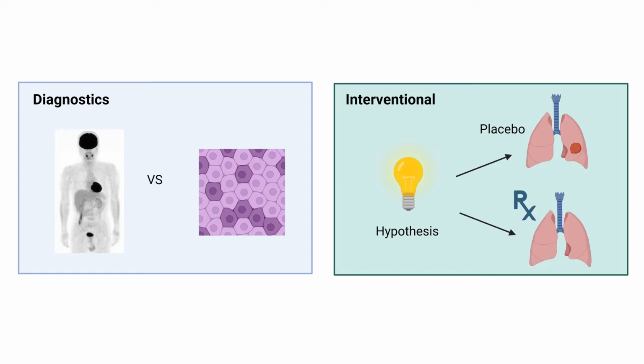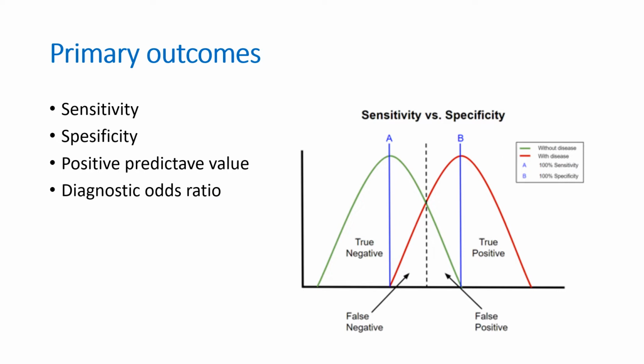Or maybe a well-known tracer radiopharmaceutical like PET with radioactive glucose, versus a new tracer, and you try to look at whether it's more optimal for what you want to investigate. Terms that you should know are sensitivity, specificity, positive predictive value, and the diagnostic odds ratio.